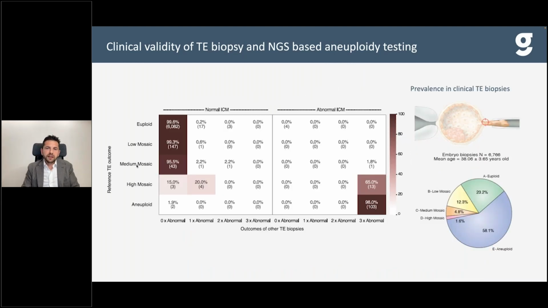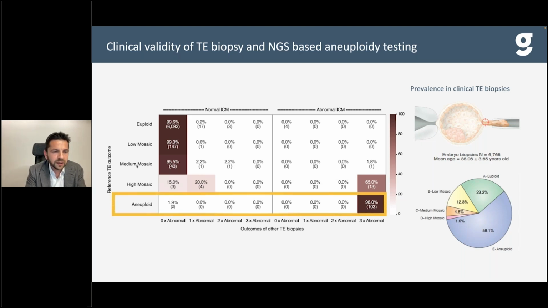To summarize all this data coming from hundreds of blinded biopsies, I will try to walk you through this table. On the left side, you have the reference trophectoderm outcome, and going to the right, you can see if this abnormality or this normal chromosomal profile was confirmed in the additional trophectoderm biopsies, and whether or not the ICM was also involved.